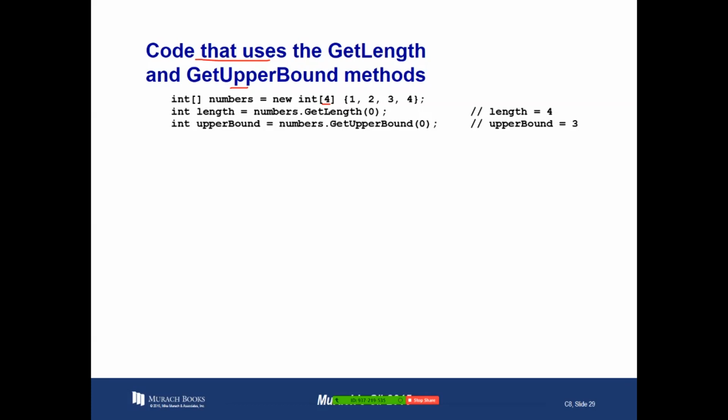So if we're looking for the length of rows, it's going to be this, so it's 4. And the upper bound is the index. So index 0, 1, 2, 3.